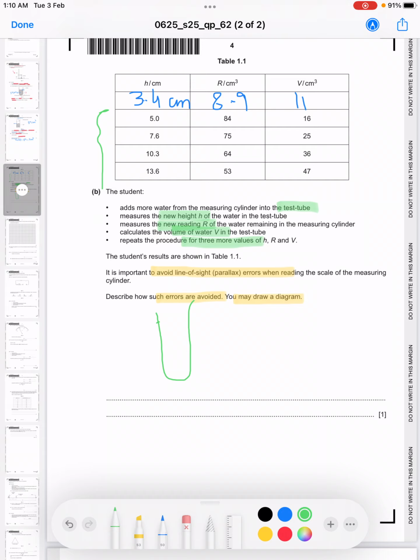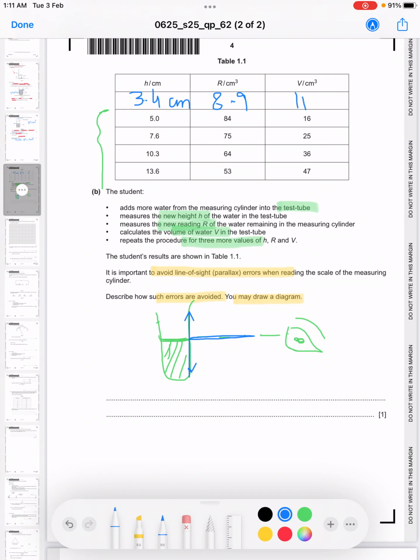Here we have a measuring cylinder with the volume in it, and this is the level of the water. Whenever we need to measure it, this is the reading of the scale. From here we measure the readings, the volume height, and this must always be perpendicular to the eye.